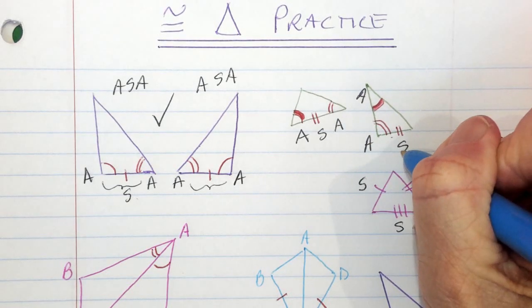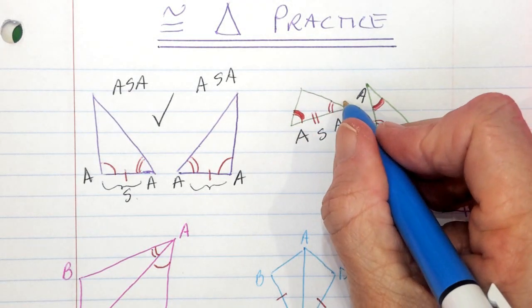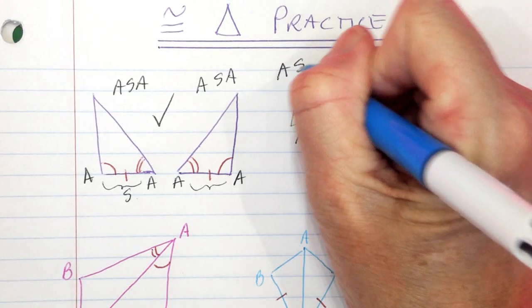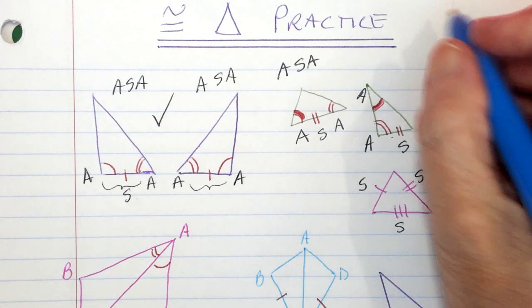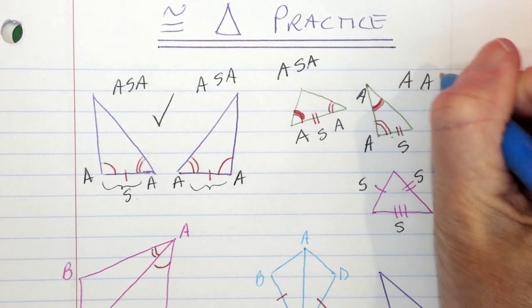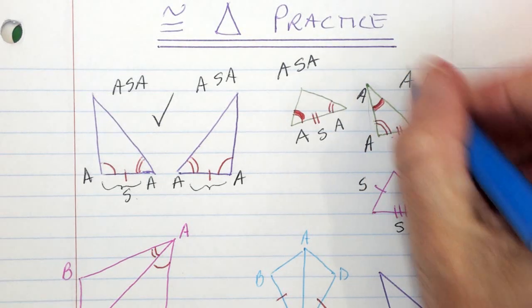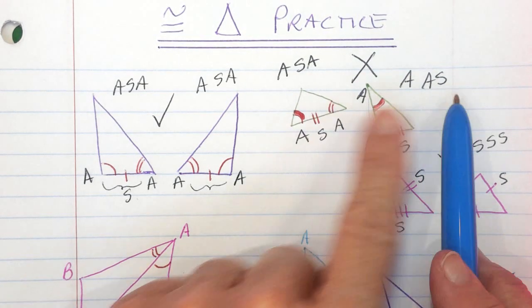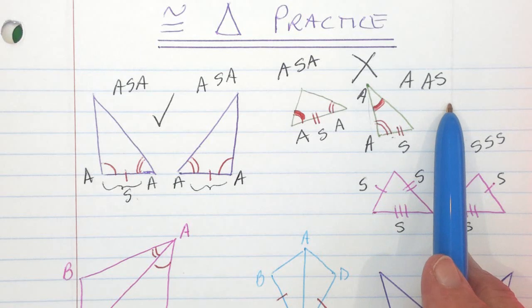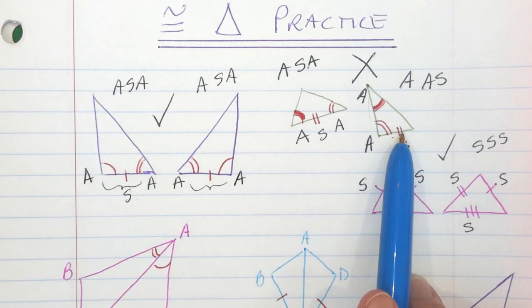And here's a side. So if I read this in the order it flows on the triangle, I would have angle, side, angle. But here if I read it in the order it flows on the triangle, I have angle, angle, side. This is not congruent. This situation does not work. ASA to AAS will never work. Those two triangles are not congruent.